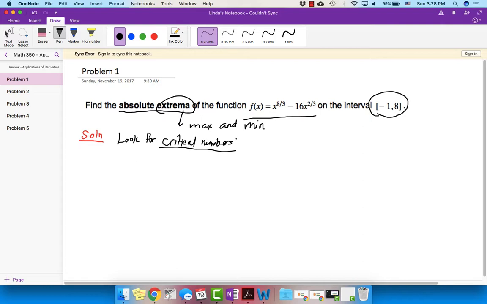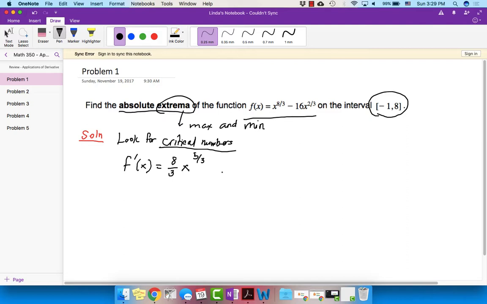The first step is to take the derivative of this function. I don't want to take too much time, so I'll just write down the solution, which is 8/3 s to the 5/3.